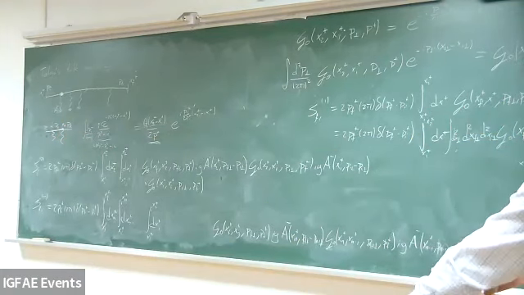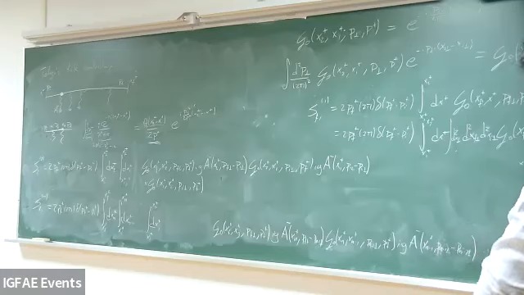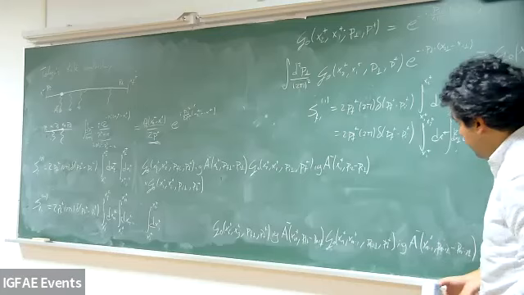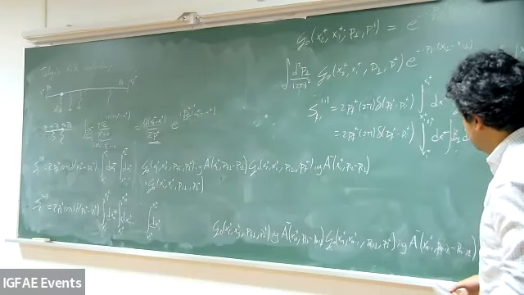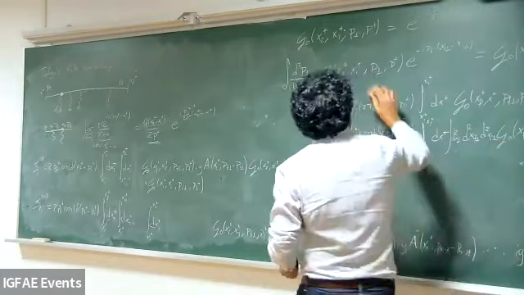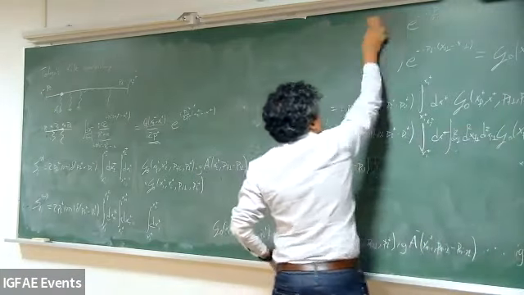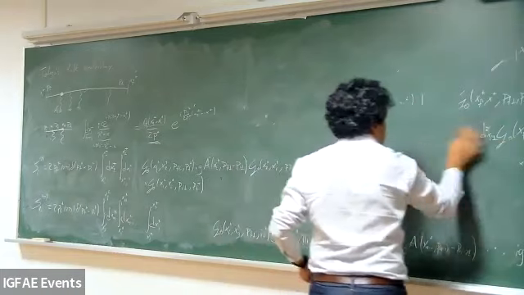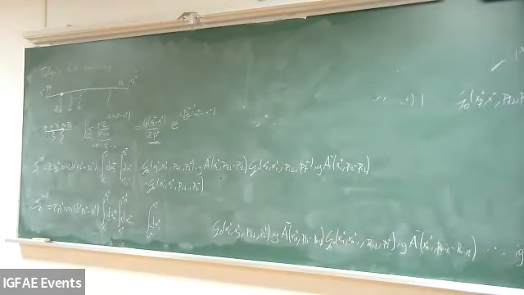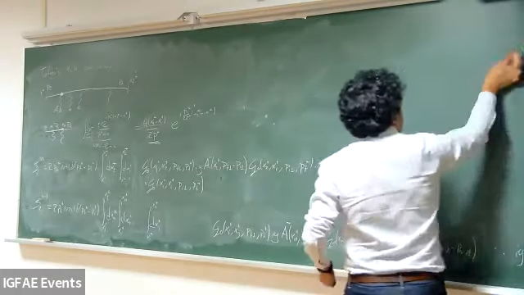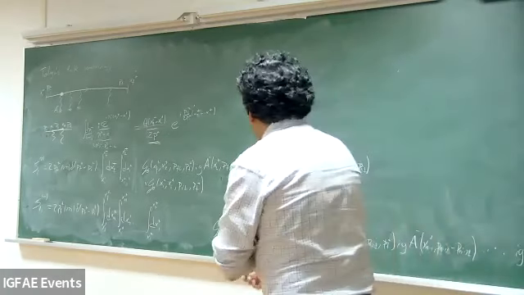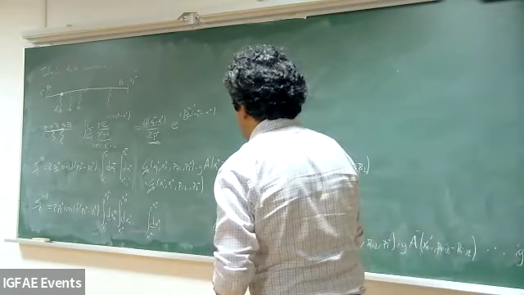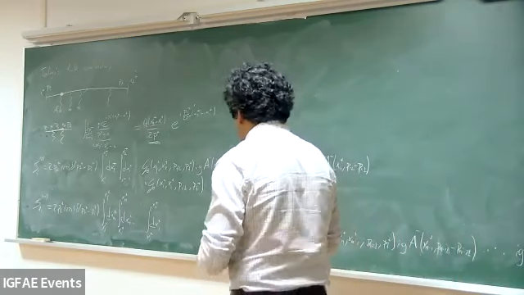One thing, which is usually how people explain these things, is to say, okay, my propagators are path integrals. So let's just do the DS1.